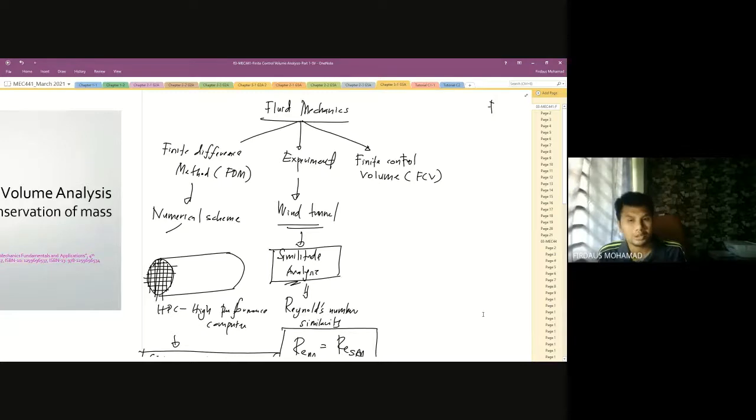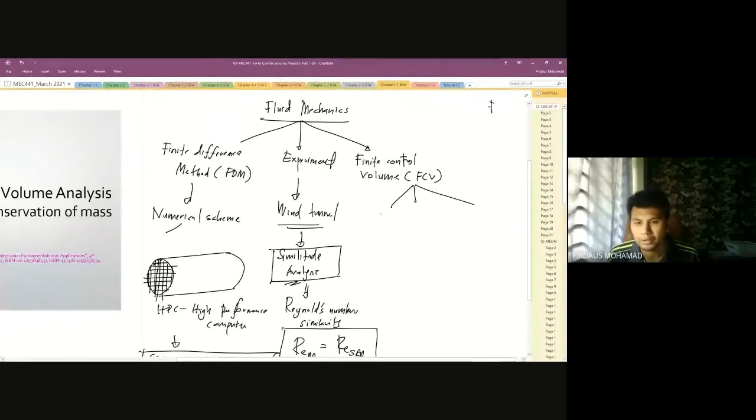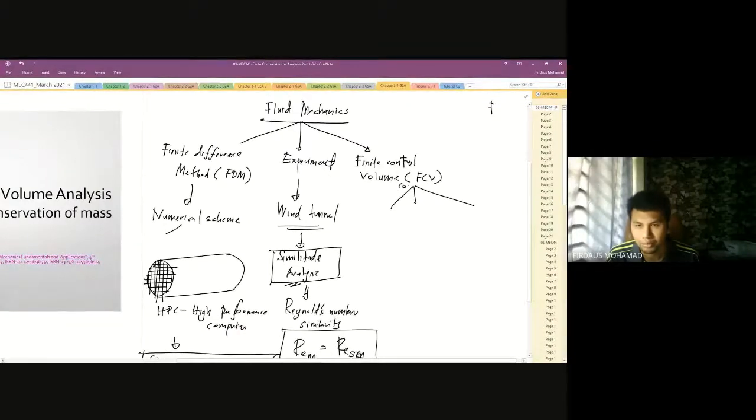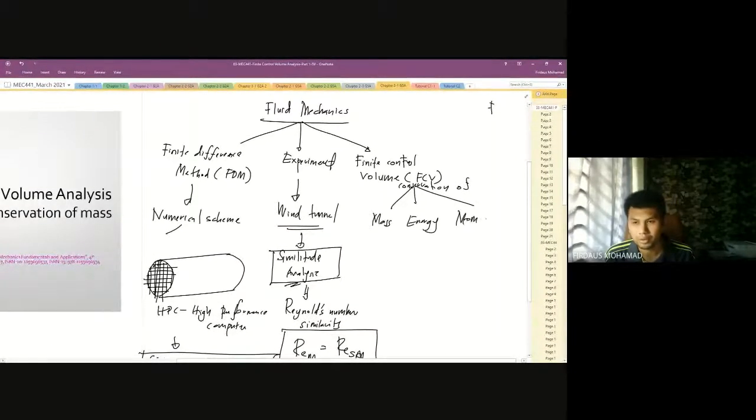So what is the conservation? There are 3 conservation laws that we'll be learning: conservation of mass, conservation of energy, and then conservation of momentum.